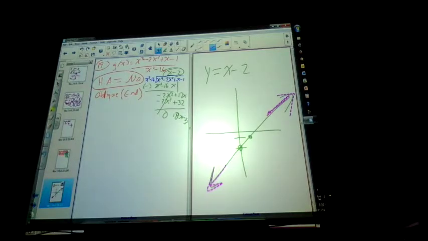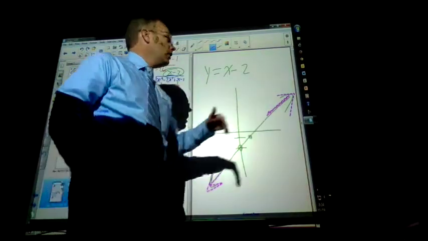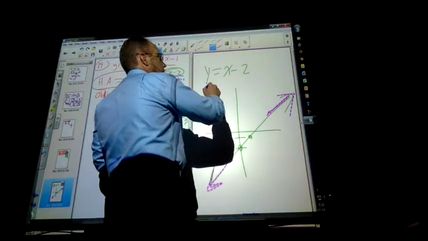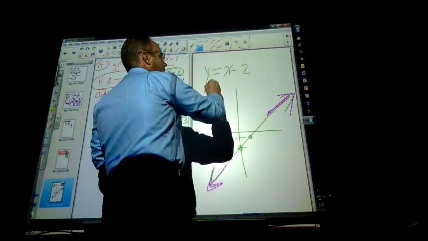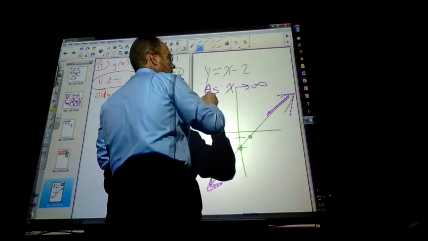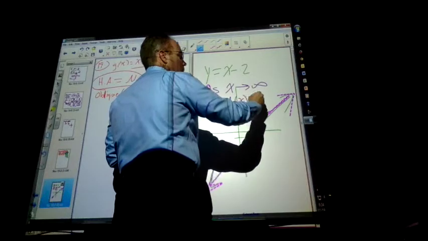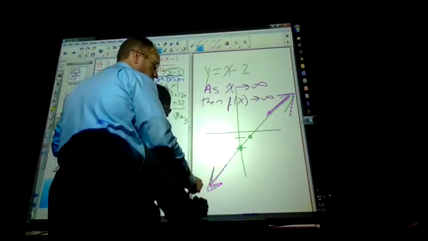So as x goes to infinity to the right, my function at x continues to go up. So as x approaches infinity, then the function at x also approaches infinity. That's my end behavior.